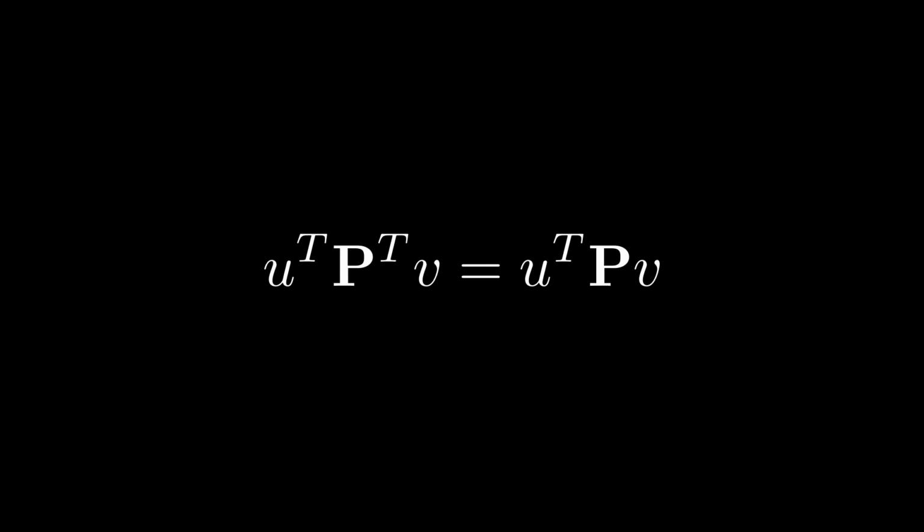Since these two expressions are equal to each other no matter what u and v are, that implies that P transpose must be equal to P. So the way I'm thinking about all this is that P transpose equals P is just the math telling you that you can project either the left vector or the right vector and still get the same dot product. So this all just represents that the transpose, the dot product, and orthogonal projection are all intrinsically tied up together.